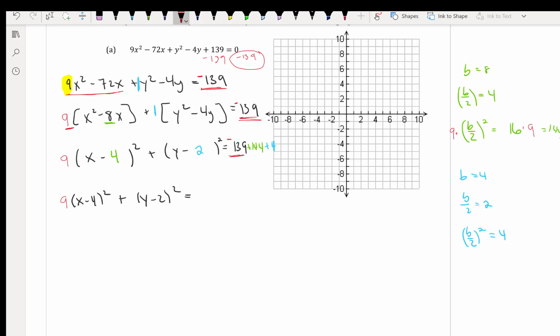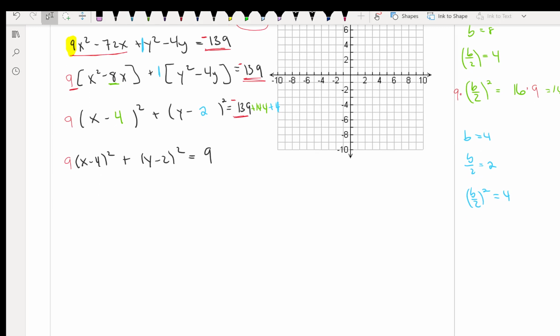That's where I thought my values kind of messed up. So that's perfect that I wrote all my steps because I don't have to erase anything. I just have to make sure that that value is negative 139. So negative 139 plus my 144 plus 4. That looks like a little nicer number, and that number is now 9. There we go. That makes more sense.